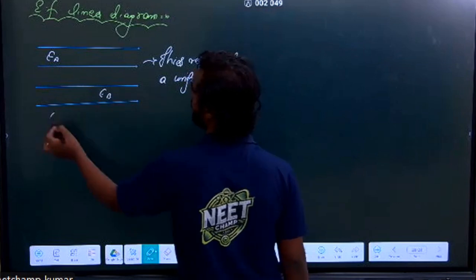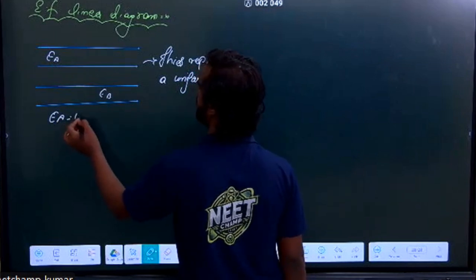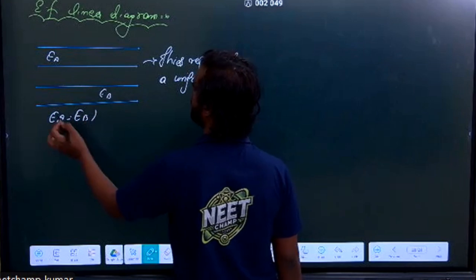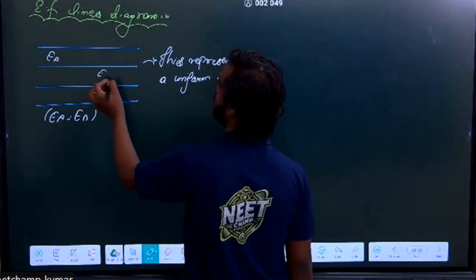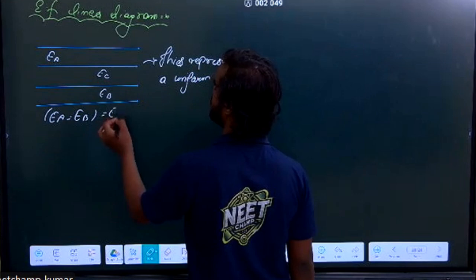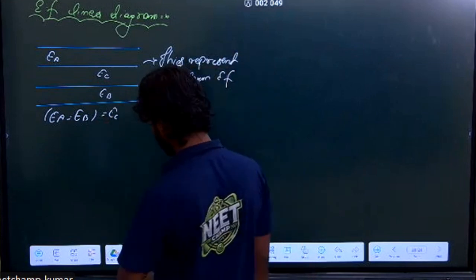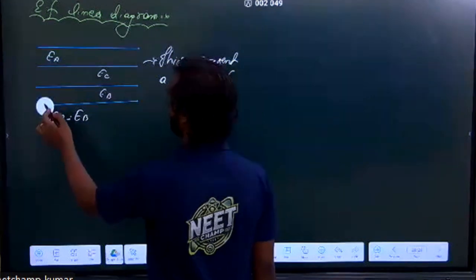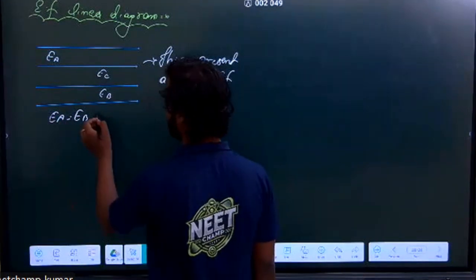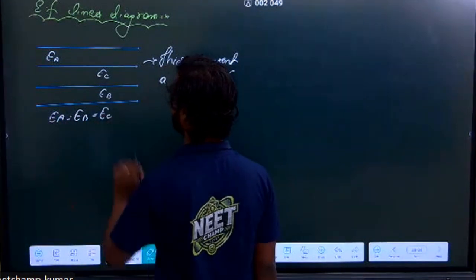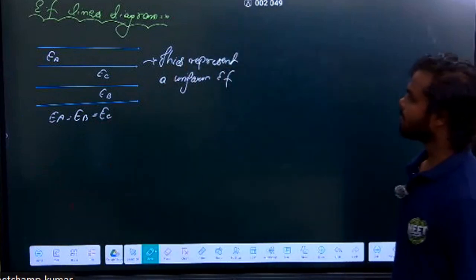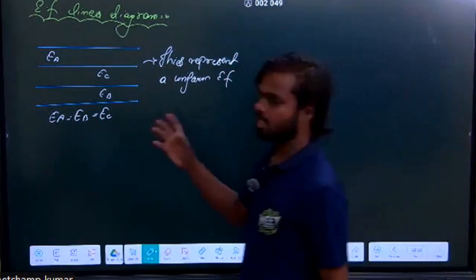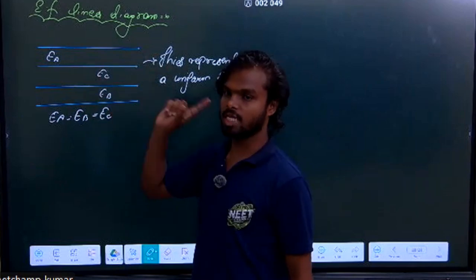What I'm trying to say is, electric field at A will be equal to electric field at B, or any point you can take. Suppose this point I take, electric field at C, it will also be equal. Means you can take any point, it doesn't matter. Electric field at A is equal to electric field at B is equal to electric field at C. This will be all same. Clear? So uniform electric field lines will be represented by parallel equidistant lines.